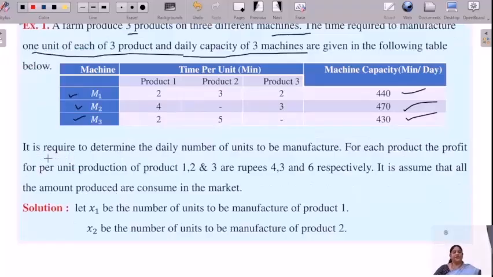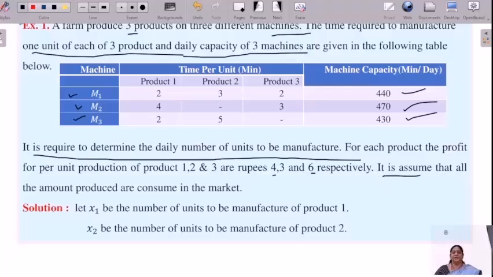It is required to determine the daily number of units to be manufactured, and the profit per unit for products 1, 2 and 3 is rupees 4, 3 and 6 respectively. Means what? Per unit profit for product 1 is rupees 4, for product 2 it is rupees 3, and for product 3 it is 6.